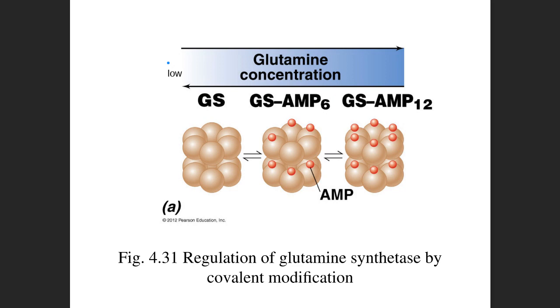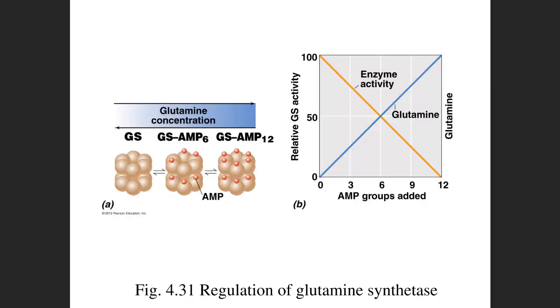Each time you need an ATP, it converts into AMP, right? In real life, the blue line here represents the concentration, and the orange line represents the enzyme activity.